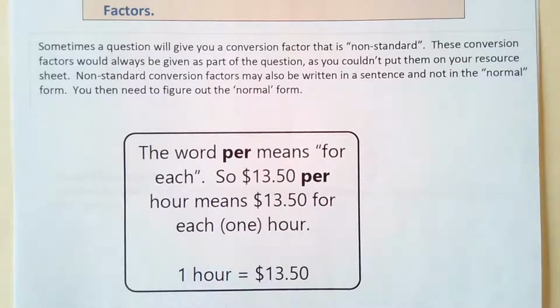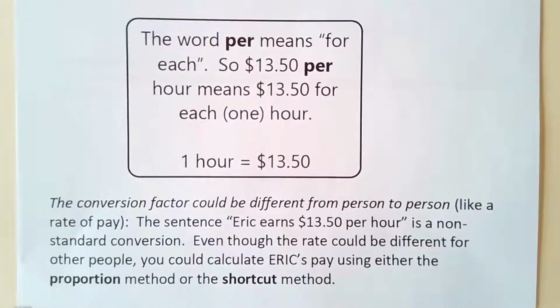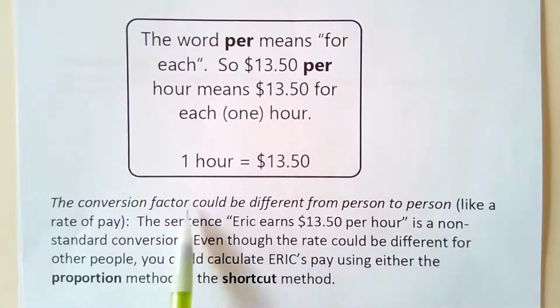Another person could be paid $16 an hour. So that'll be 1 hour equals $16. These are not fixed. They're non-standard, so they can have a different rate for a different individual. Put in words, the conversion factor could be different from person to person, like a rate of pay.